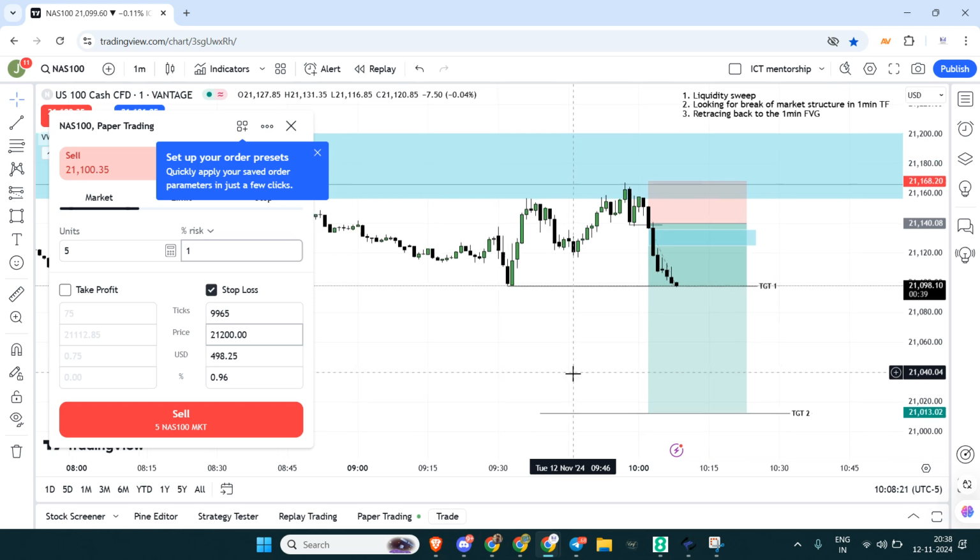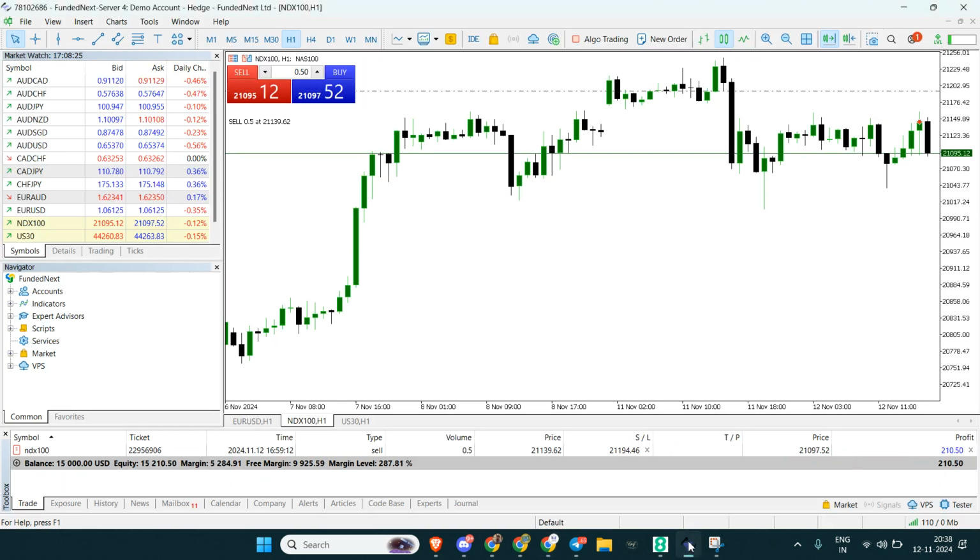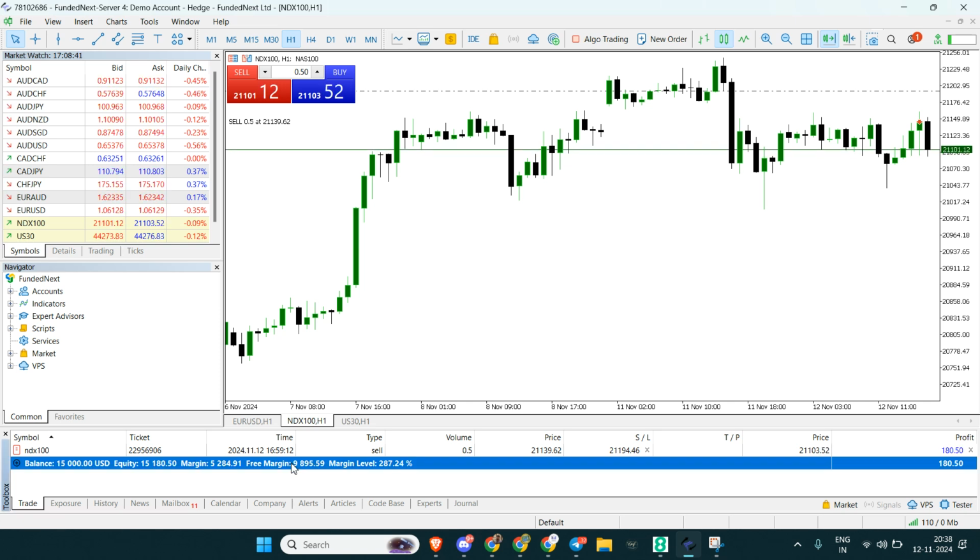Yeah, price already touched the target. So just see the funded account. Yeah, it's already there. We are already in profit, $200 profit. So I'm just taking the partials there.